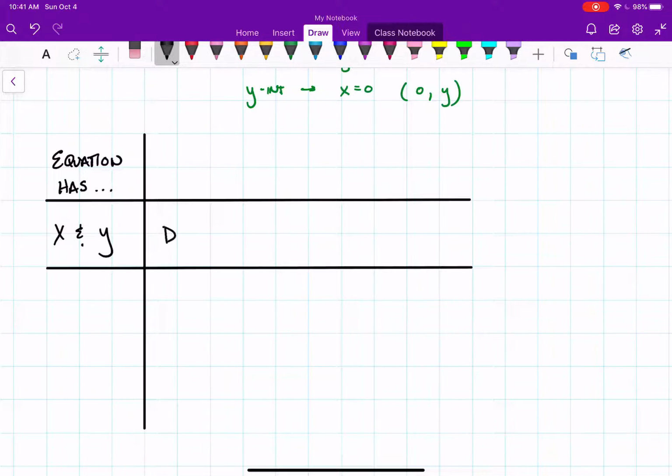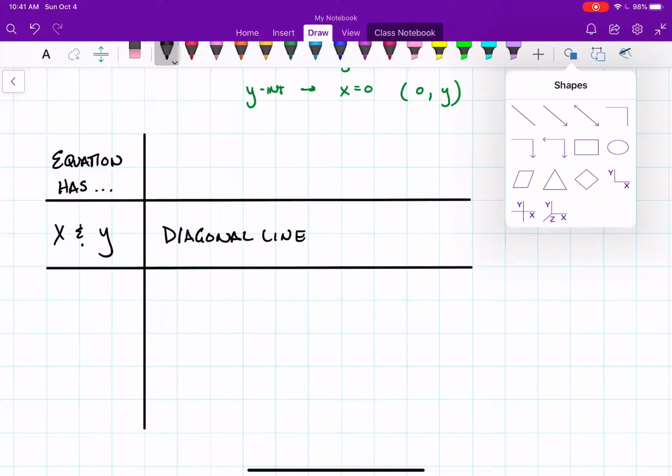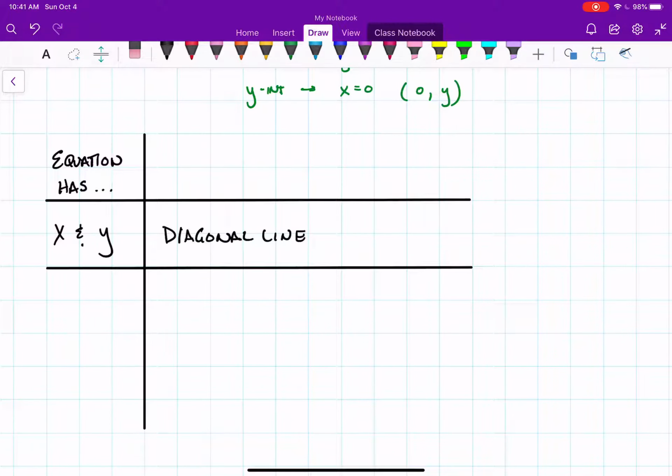We're going to have a diagonal line. With a diagonal line, going from left to right, if the line rises, then we know it's going to be a positive slope.